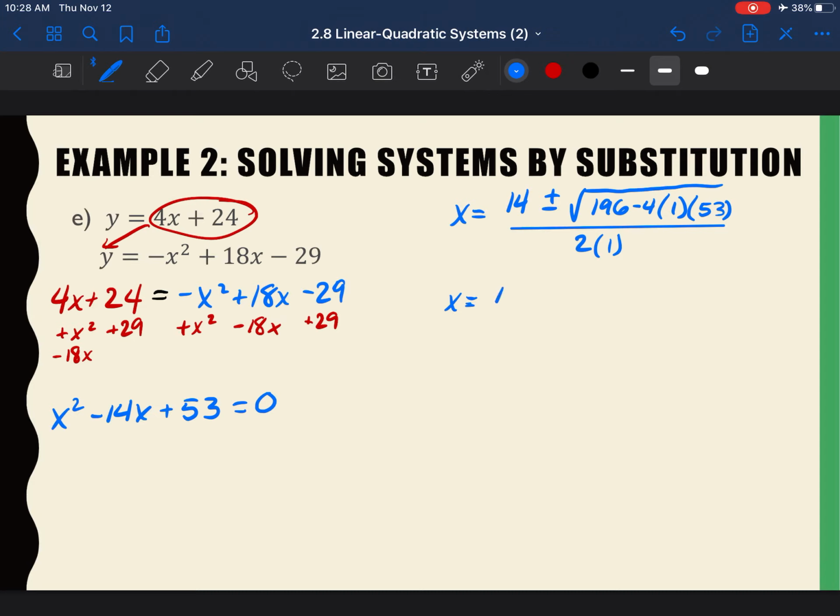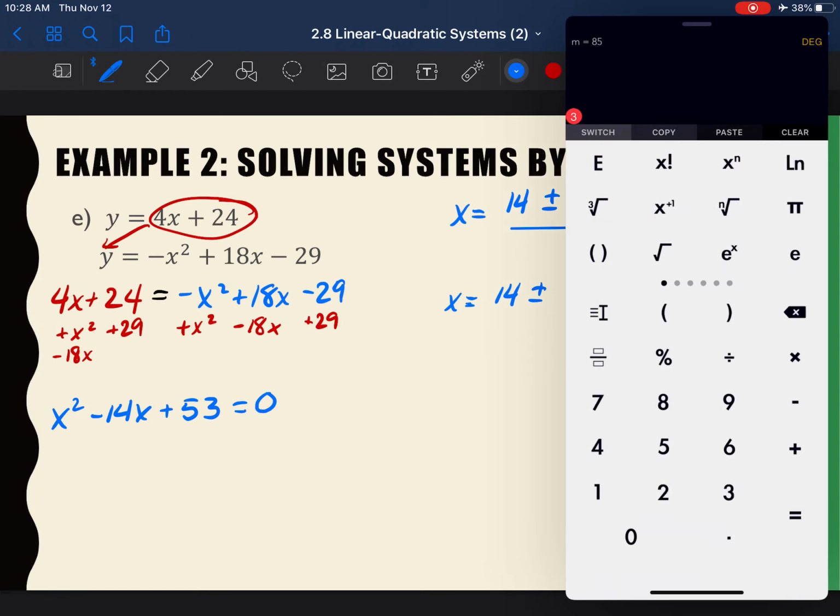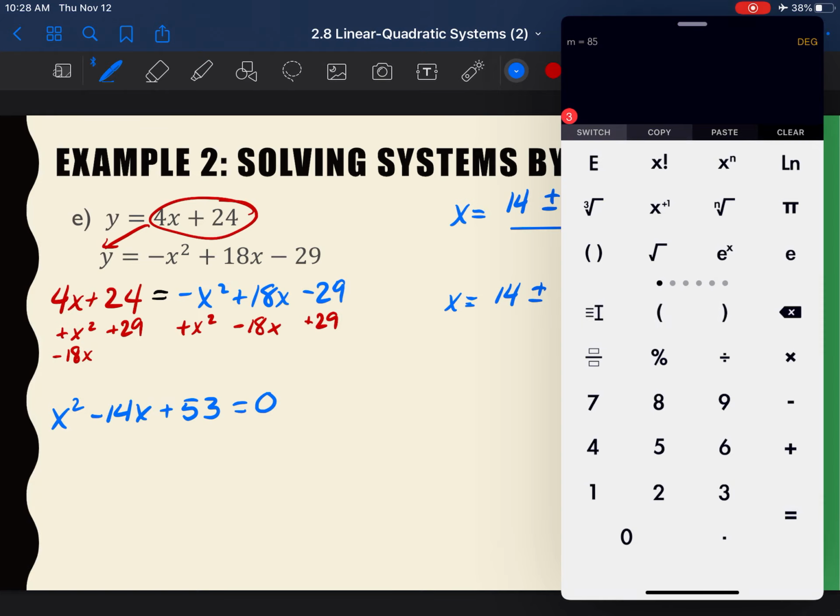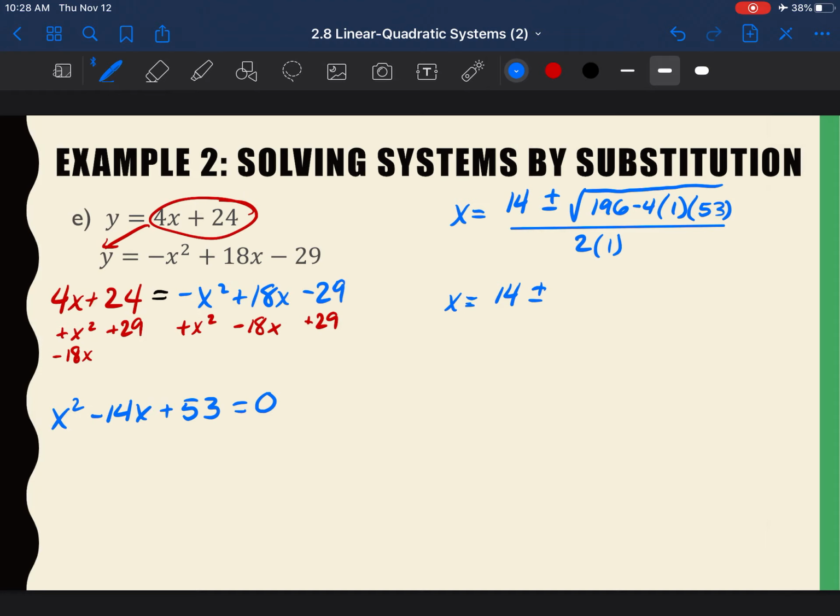So 14 plus minus 4 times 53. So 4 times 53 is 212. So 196 minus 212 is negative 16. Okay, so then I will get square root of negative 16 over 2.